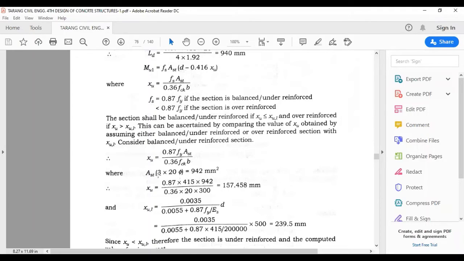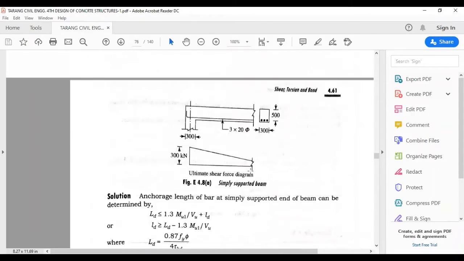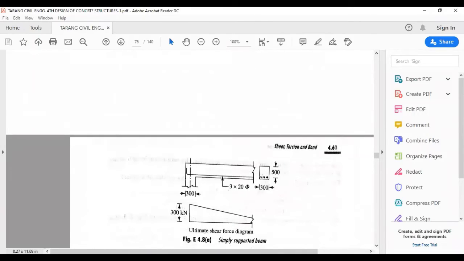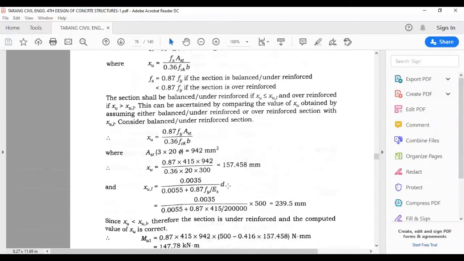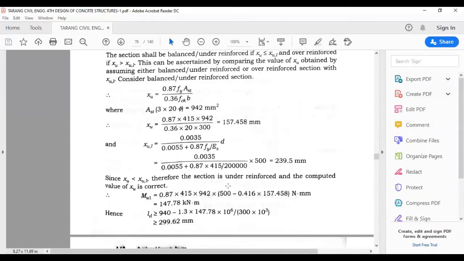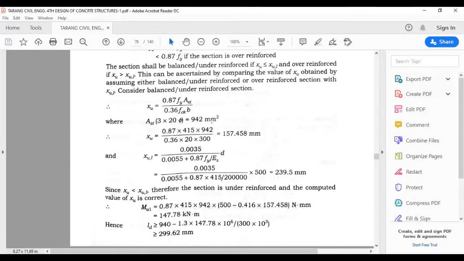And Ast is 3 bars of 20 mm dia as given. You can see there are 3 bars, and it is mentioned as 20 mm dia, and the number of bars is 3. And the value of Ast is 942 mm square.